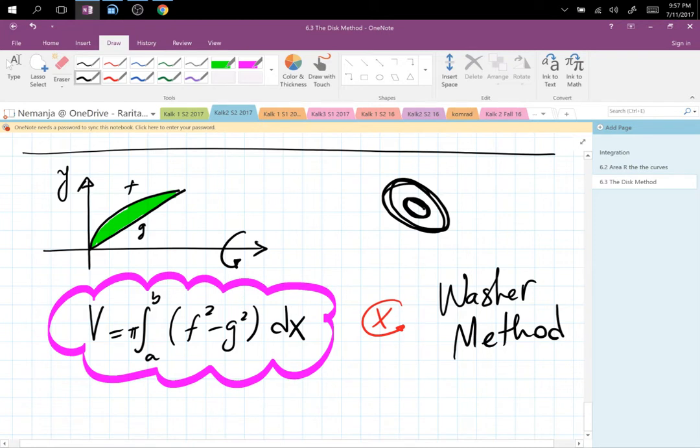So this is called the washer method. It's for hollow objects, maybe the cap of this marker, right? It has the inner function and the outer function, and if you are to cut this object, you will get the washer.